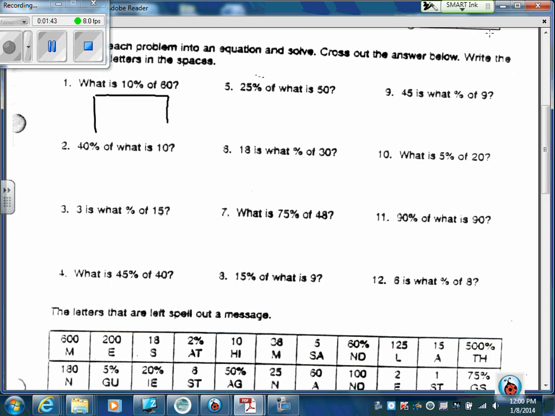So I start with my percent box, and I'm going to label it is over of, percent always out of 100. And I look at and chunk my information. What is saying that we don't know and we're looking for that piece. 10%, well the 10 is going to go for the percent box, always out of 100. Of 60, well 60 is going to go in the of box.